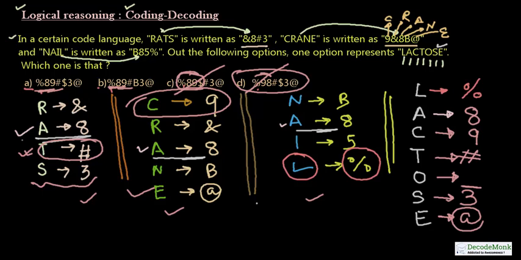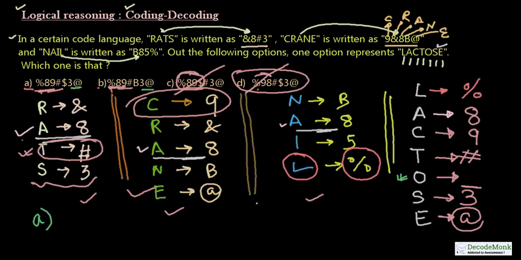Now watch very carefully. Option B has at the rate and 3 from the right-hand side, and similarly option A also has at the rate and 3. Now here you see O doesn't exist in these three reference words. O must be represented by some symbol or some number. So we have to figure that out.